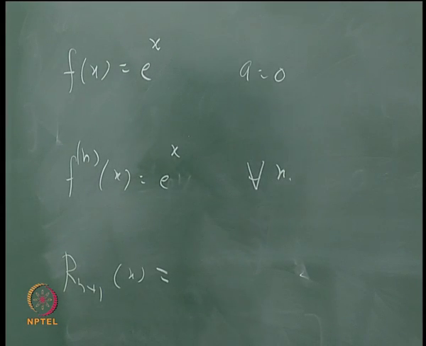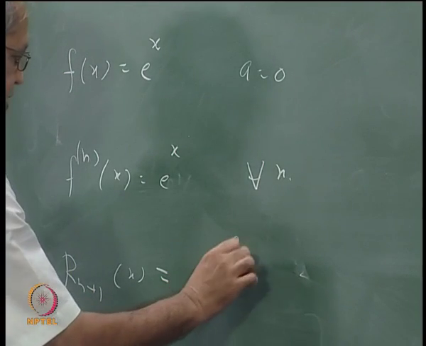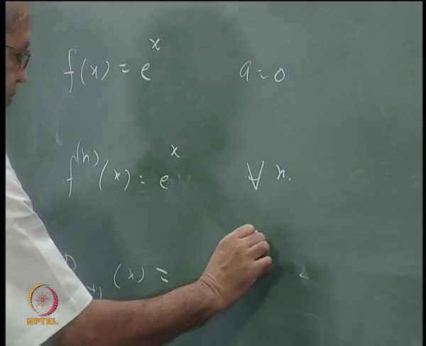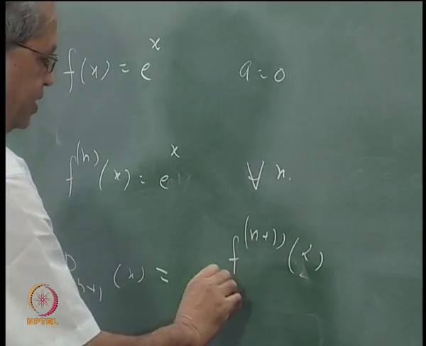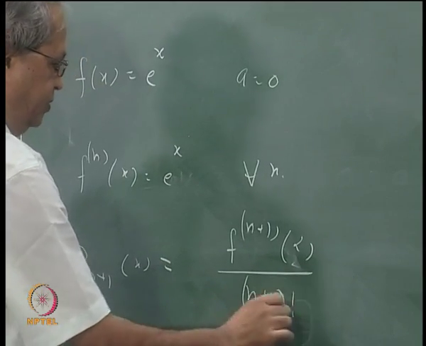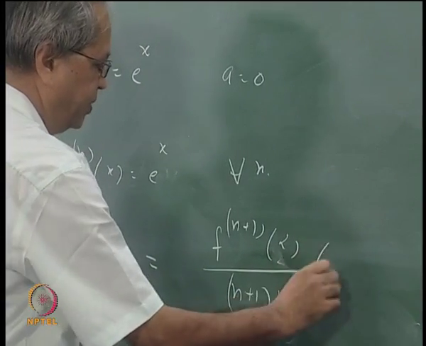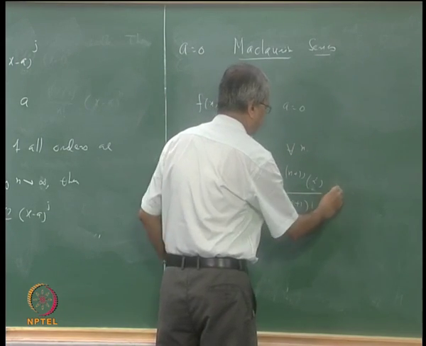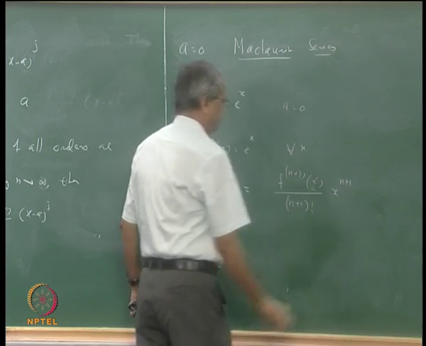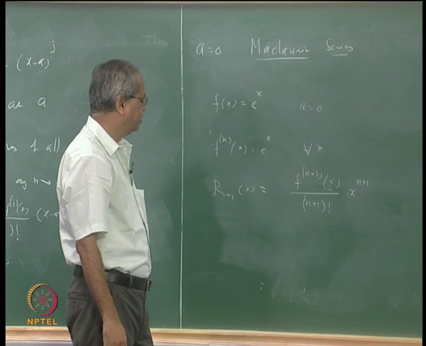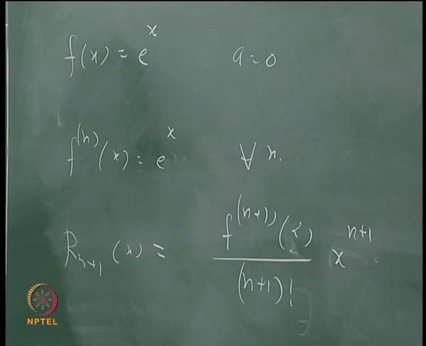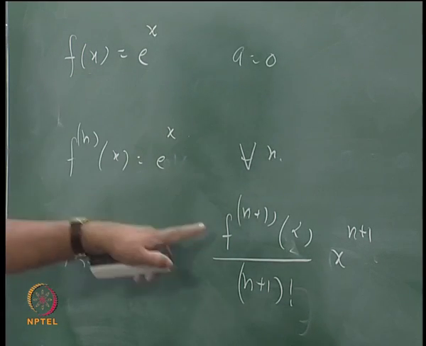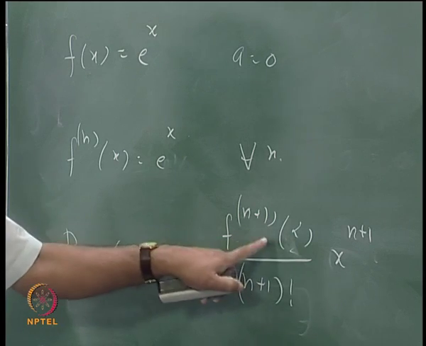Then R_{n+1}(x) will be f^(n+1)(alpha) divided by (n+1) factorial, multiplied by, since we have taken a to be 0, x to the power n+1. Now since f(x) is e to the power x, the (n+1)th derivative of f at alpha is going to be e to the power alpha.